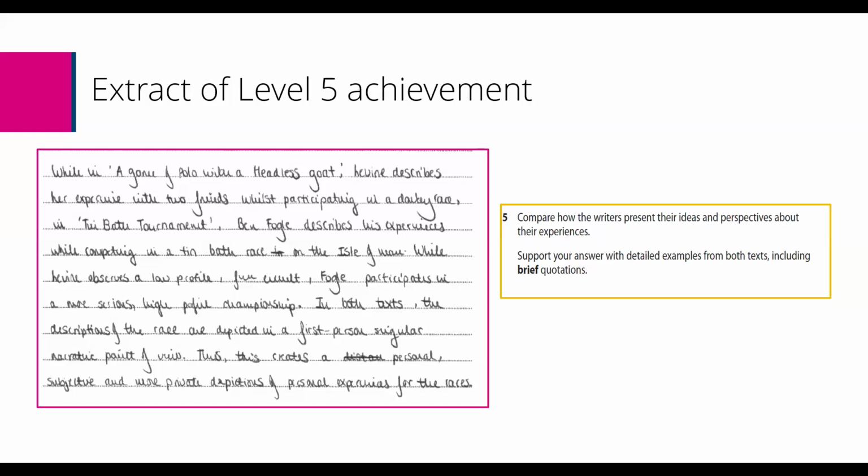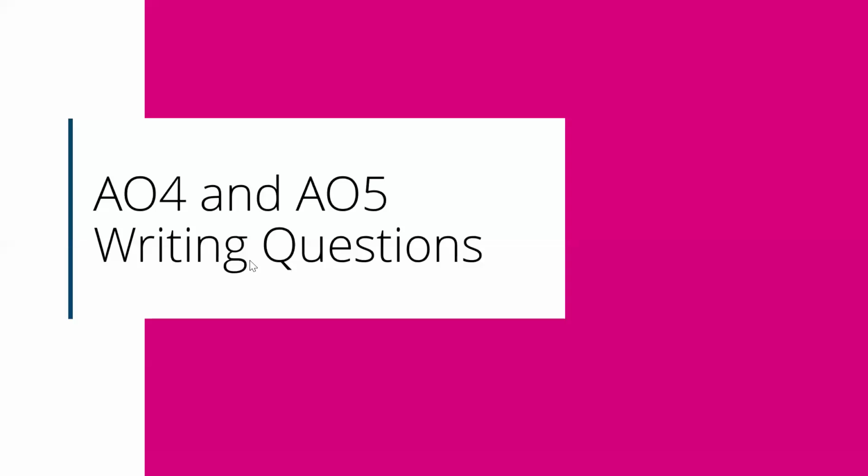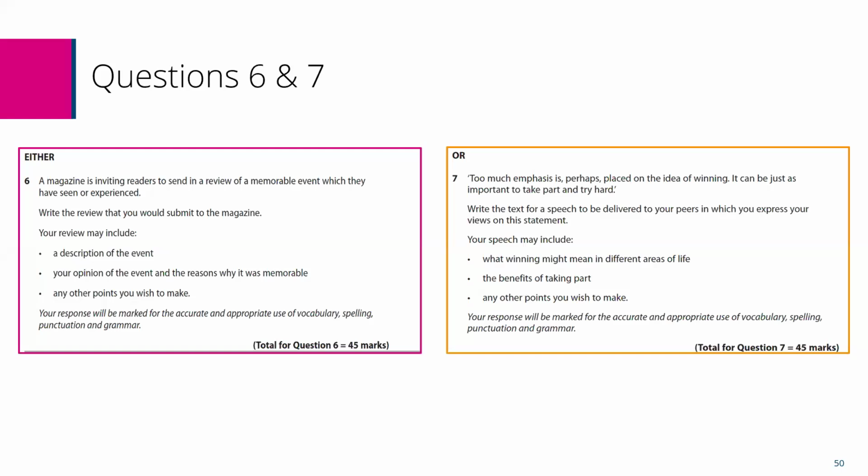Okay, so moving on now to, this is quite a full session, the writing. So we're looking at AO4 and AO5 for the writing assessment objectives. So paper 1, candidates are given a choice.